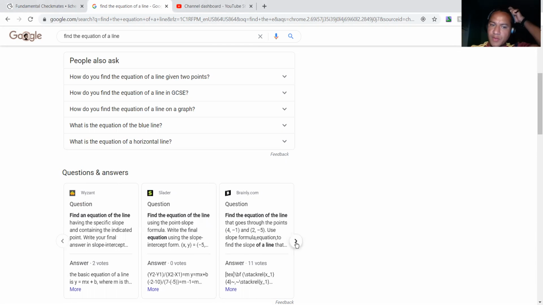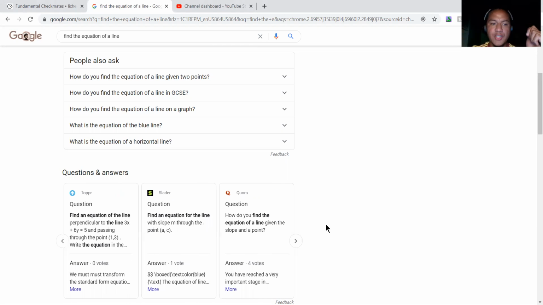So here's another interesting question that I'm actually going to go over today. Find an equation of the line perpendicular to the line 3x plus 6y equals 5 and passing through the point (1, 3). So that is very complicated to someone that is just seeing it for the first time. And now we're going to go ahead and see what to do.